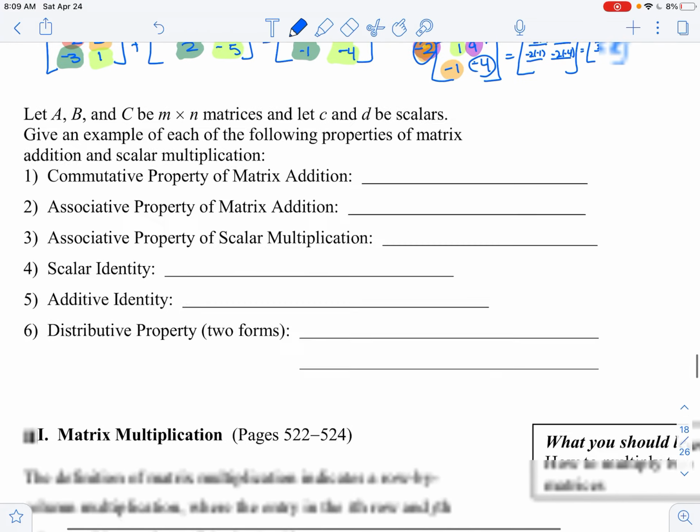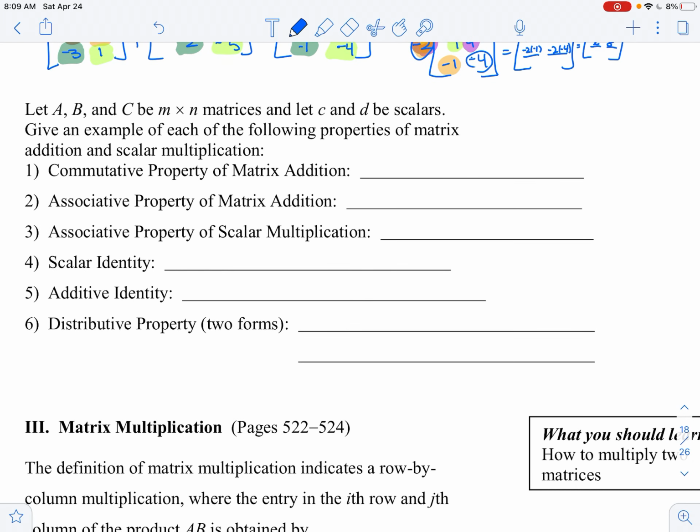Okay, so let's talk about this one. So we're not going to talk about all these properties. We don't need those today.